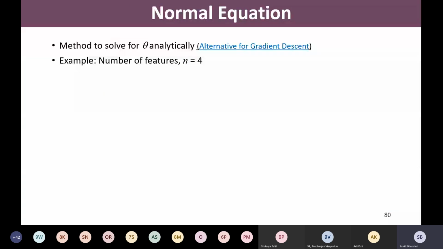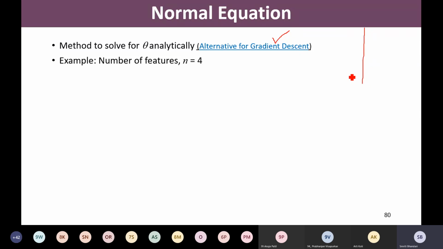Let us go to a new algorithm, or rather a new method, an alternative method for gradient descent. In the last week, we had a discussion about gradient descent. And what was gradient descent? Gradient descent was the optimization algorithm.